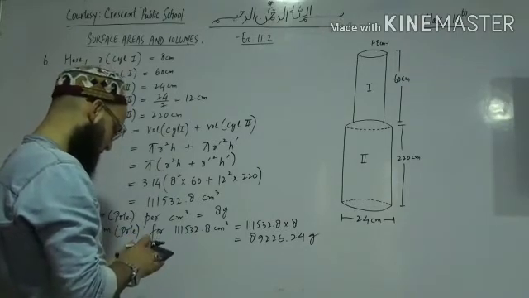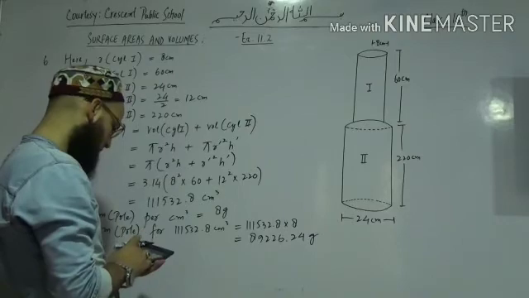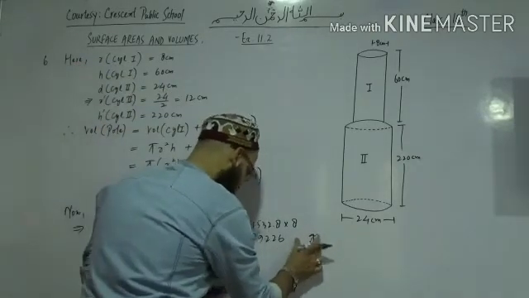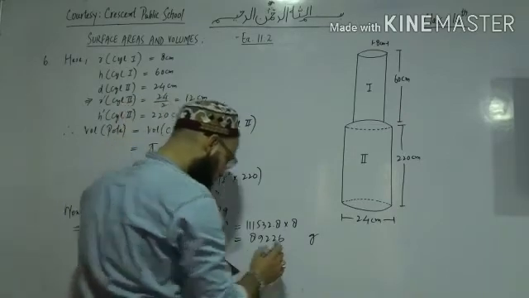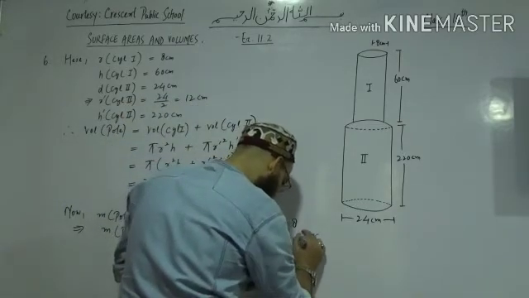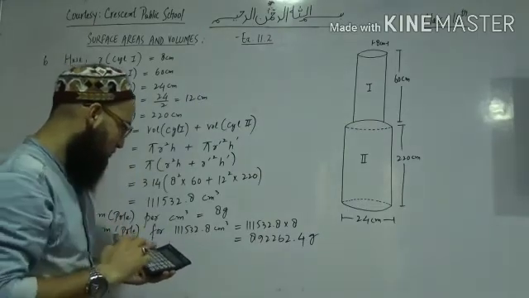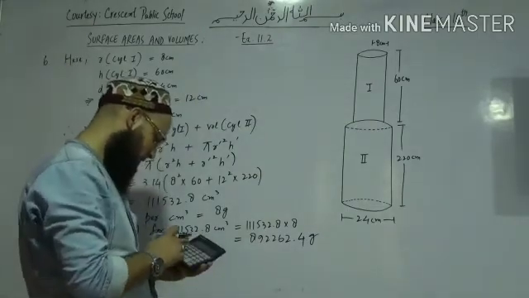532.8 times 8, so it's 89226.24 grams, and divided by 1000.